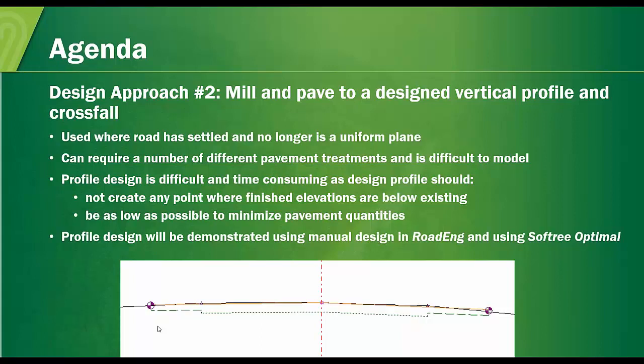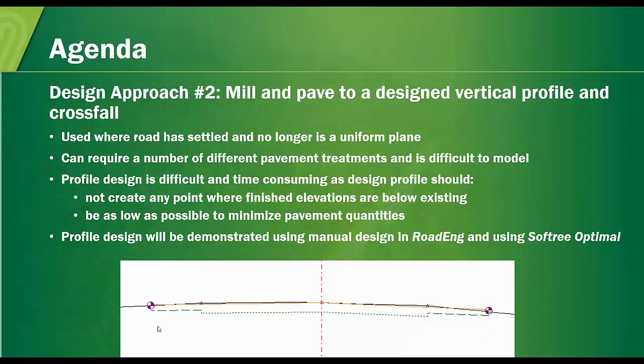So usually we try and avoid the design elevation being lower than that. That makes the profile design tricky, as it has to be above existing, but you still want it to be as low as possible to minimize the pavement quantities and the cost of the project. So it's kind of the opposite of The Price is Right. You want to be the closest you can without going under.